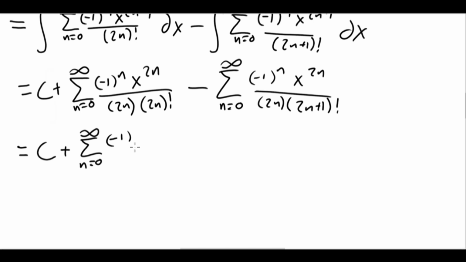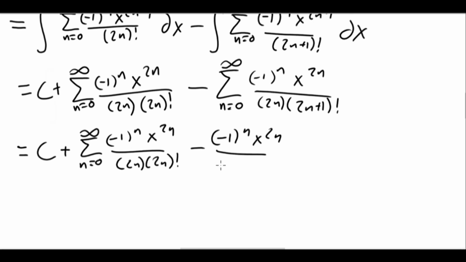So we get the sum from n equals 0 to infinity of negative 1 to the n, x to the 2n over 2n times 2n plus 1, minus negative 1 to the n, x to the 2n, all divided by 2n times 2n plus 1 factorial.